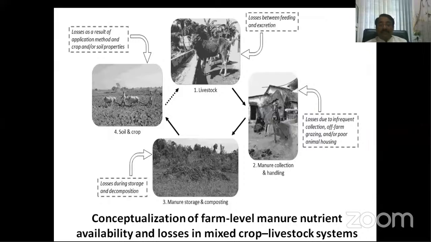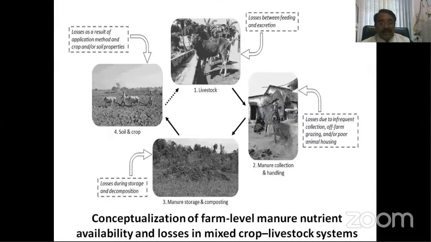Not only these interlinkages, but also the utilization of farm labor, manure and nutrients. Whatever nutrient sources are generated on the farm, we must ensure those sources are not lost and are properly managed.